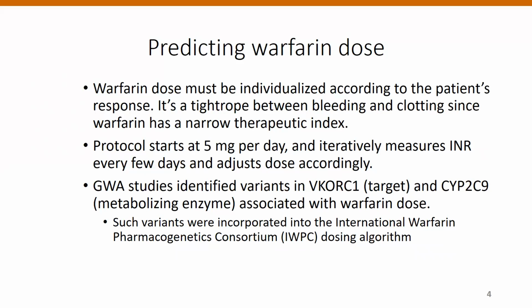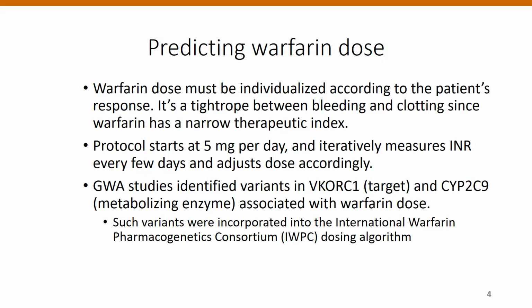And the previous protocol was to start at the middle, which is 5 milligrams per day for a patient, and then iteratively measure the INR, which is, as I said, the state-of-the-art way to measure coagulation rate.